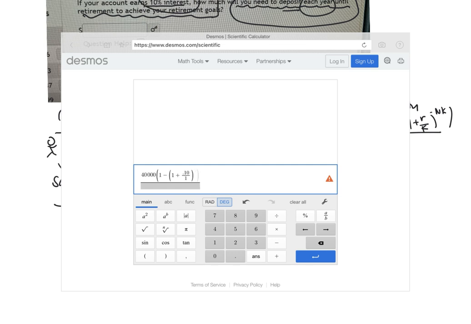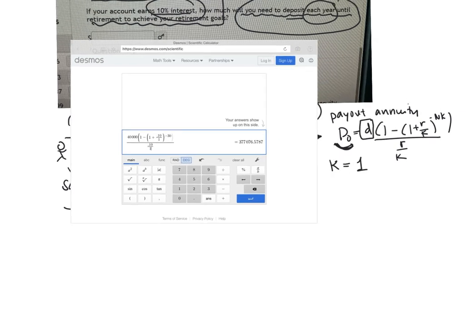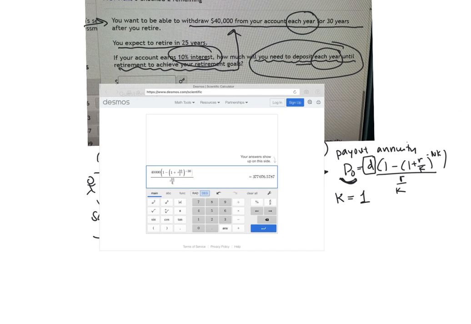It's going to be negative, and we were doing this for a total of 30 years, so 30 times 1. Then we divide that by 0.10 over 1. It looks like the amount of money we need to have in there is 377,076.58.